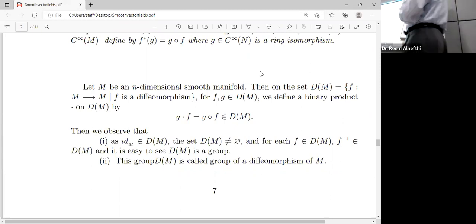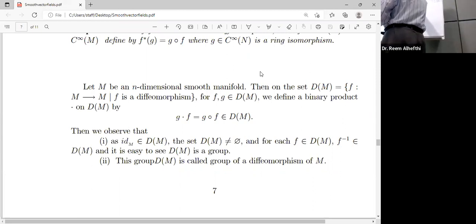And we define an operation for F, G in D(M).